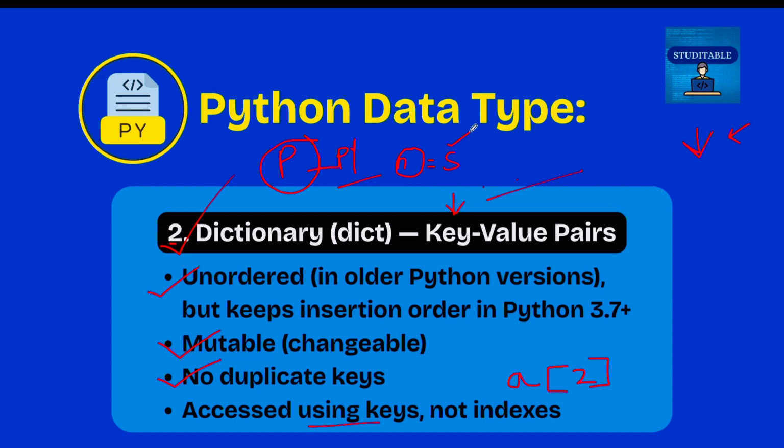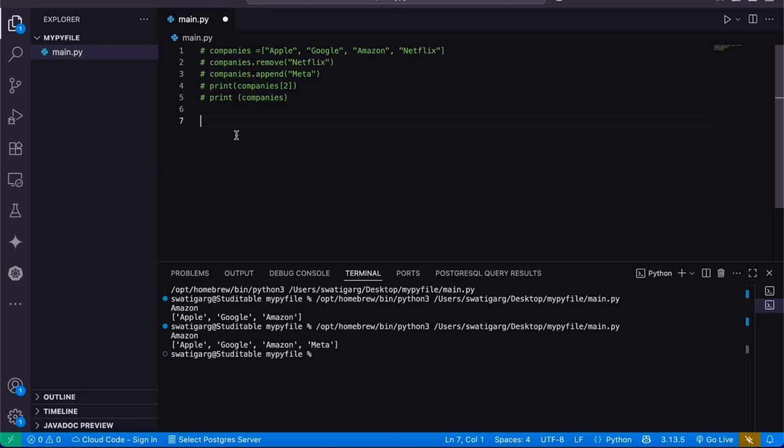So let's see via a program how a dictionary is created and how we can do various operations on that. So here, let's say take a variable as my_dictionary, and in curly braces we'll start.